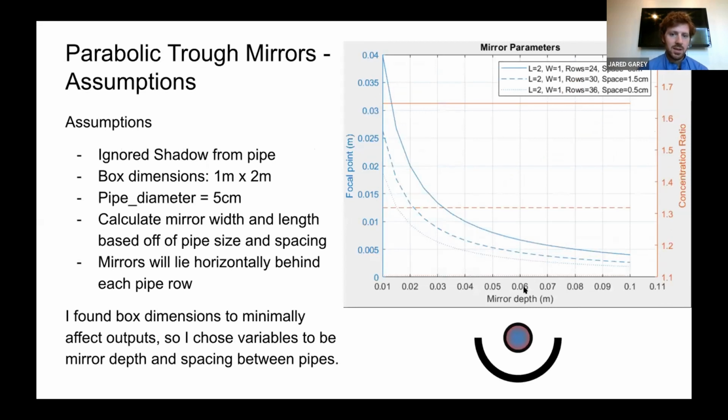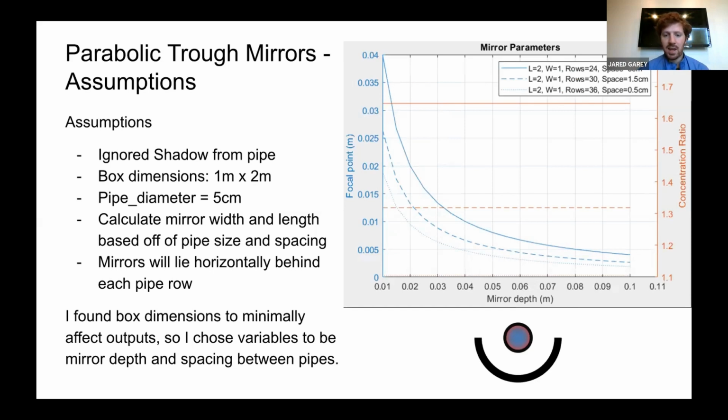Thanks. The other calculation I did with the box is the trough, the parabolic trough mirrors that lie underneath the tubes. The picture in the bottom right shows a cross section of this where we have a parabola mirror. The thing about parabola mirrors is that they have a single focal point.